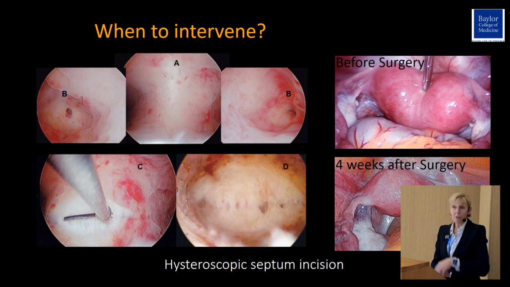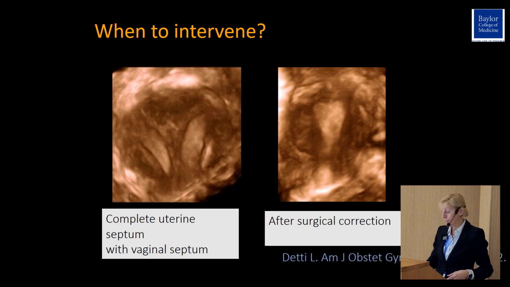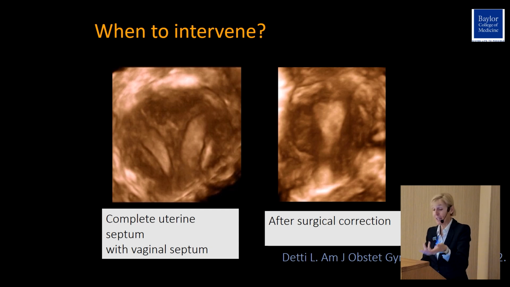So I don't know if you've ever seen the images of a uterus before and after a septum. This was a case that presented to me a long time ago. It was 2013. And so this was a complete septum with a vaginal septum, but if you look at the outer contour it is completely flat, so that meant that it was a septum.